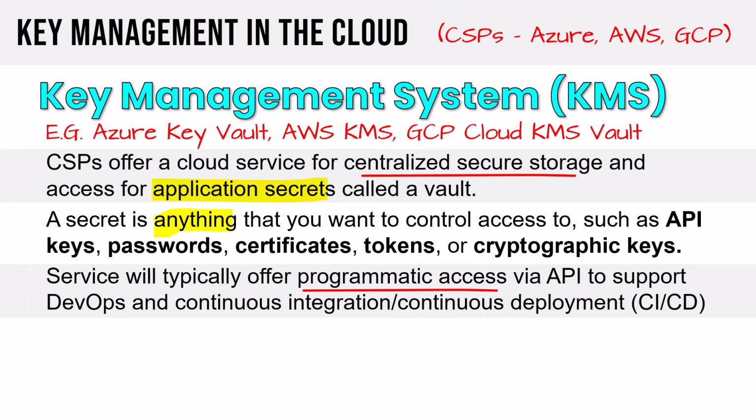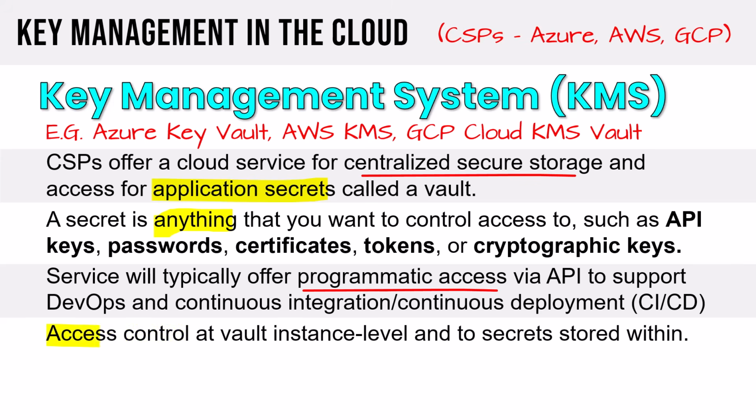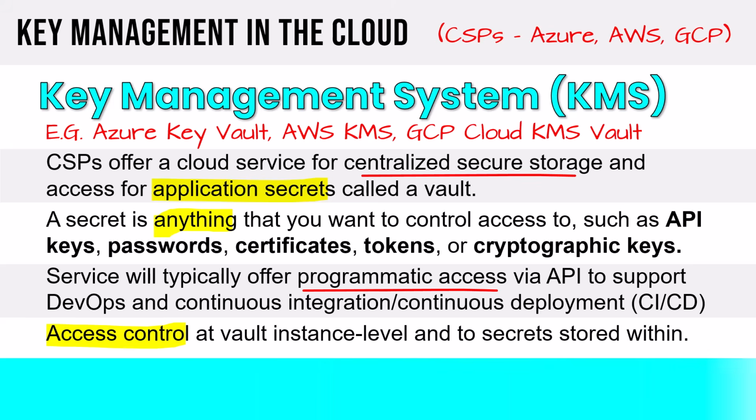And the service will typically offer programmatic access. They may have GUI access, of course, through a portal, but also programmatic access, often via an API to support DevOps and your CI/CD automation. Access control is available at the Vault instance level and to the secrets stored within the vault. So generally, control plane access and then data plane access is how I'd phrase that.